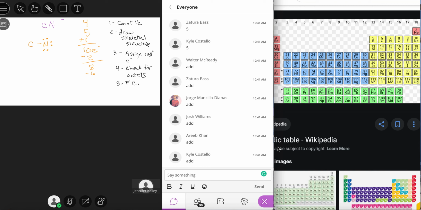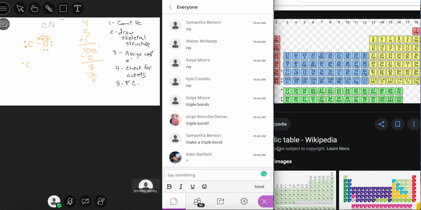All right, so I've used 6. I have 2 left, so we'll throw them over here on carbon. All right. Does carbon have an octet? No. So how do I get carbon to have an octet? You had to add 2. Yeah, triple bond. So I'm going to start by taking these and moving them down.